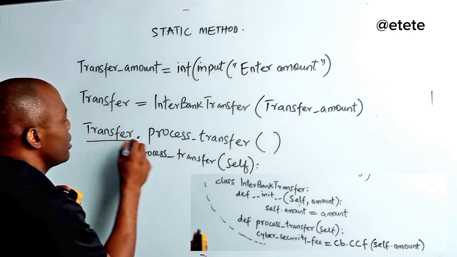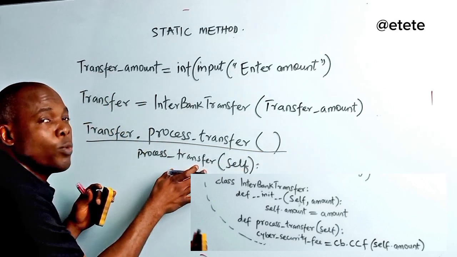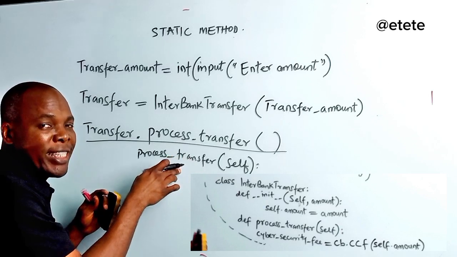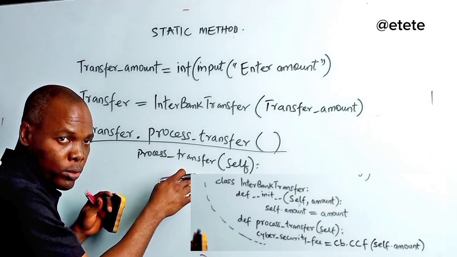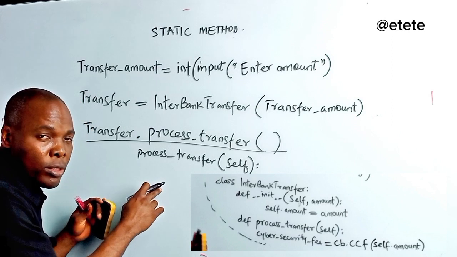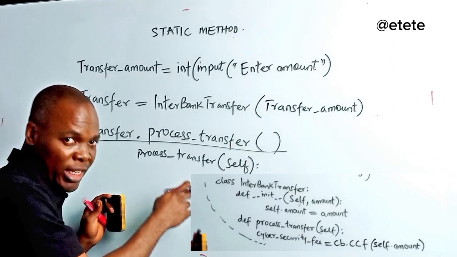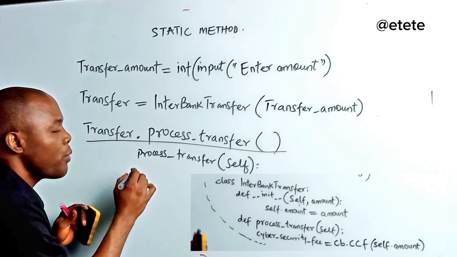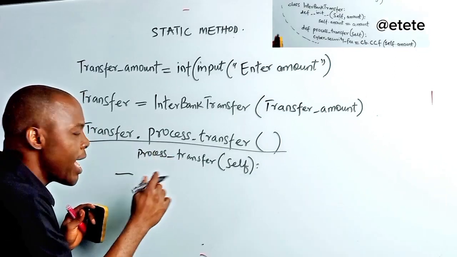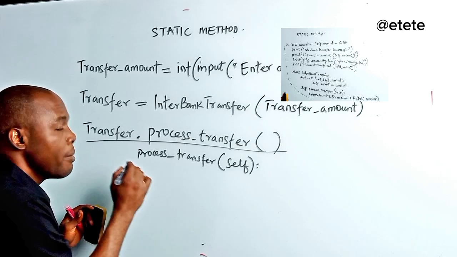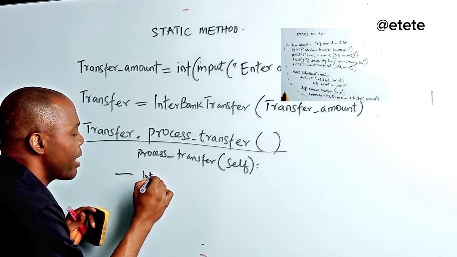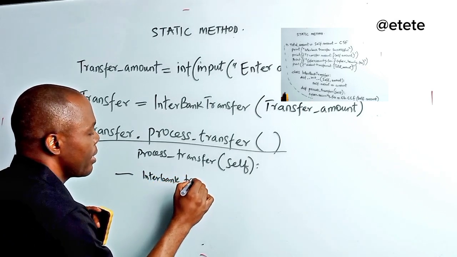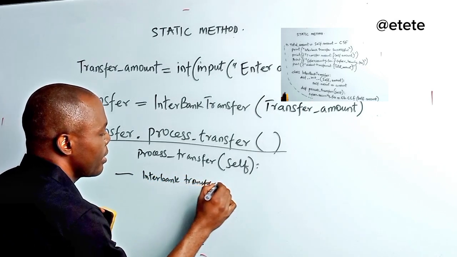Now, this has ended. I'm just showing you what was inside this method. So inside this method, we calculated the cybersecurity amount, and then we calculated the total amount that was eventually going to be transferred, and then we instructed it to print out. So the first thing that we say you should print out was interbank transfer successful.